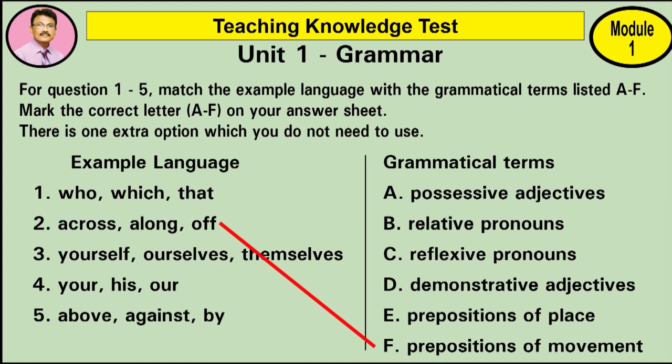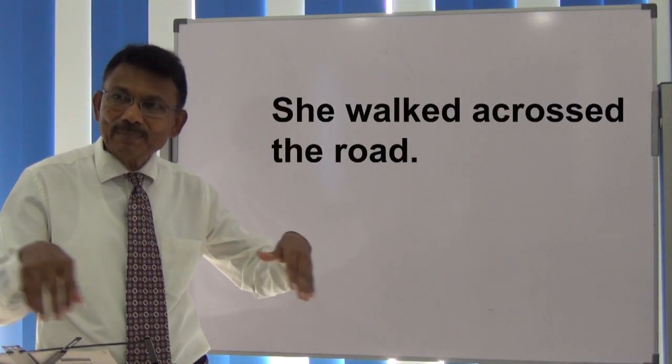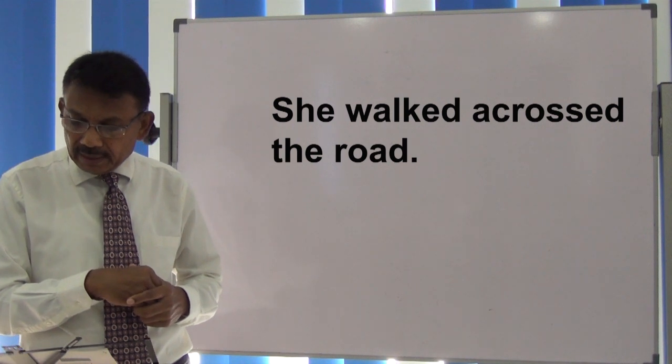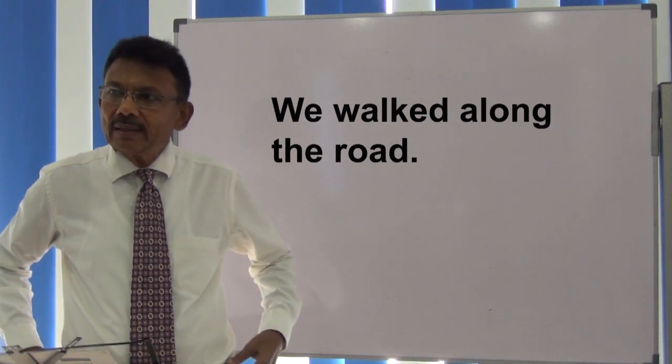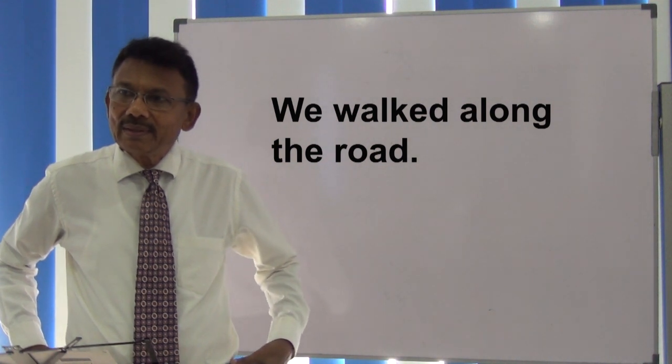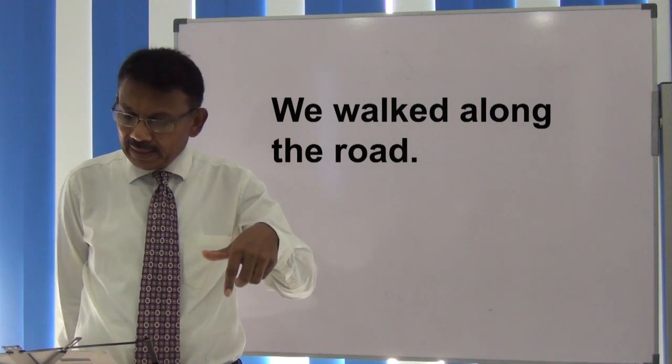When we say across, it's a preposition, but it tells us that something is moving. She walked across the road. From one side to the other side, moving. Then along: we walked along the road. Movement, right?